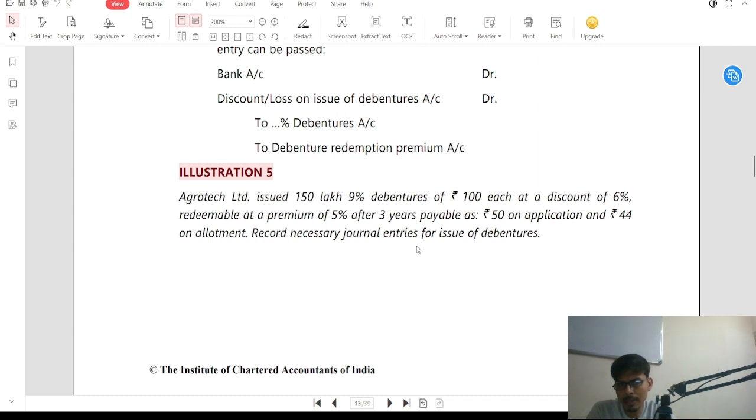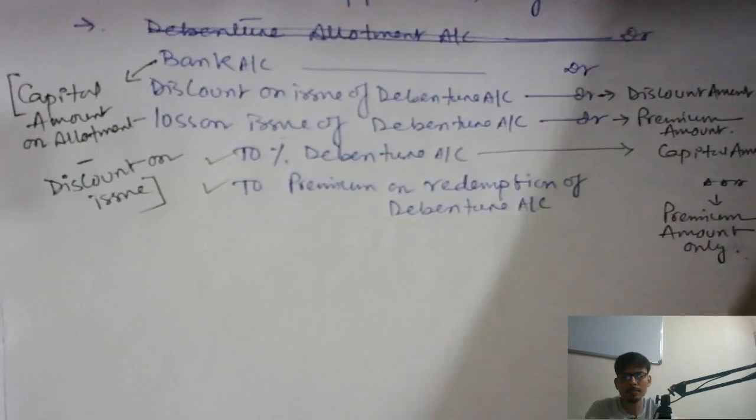So you have given the discount, 94 में दिया है आपने, 6% discount है तो 6 rupees the discount, and you have given another 94 rupees per debenture and redeem at a premium of 5%, means 105 rupees. Correct. So that is what the entry. So can I write here? See here.